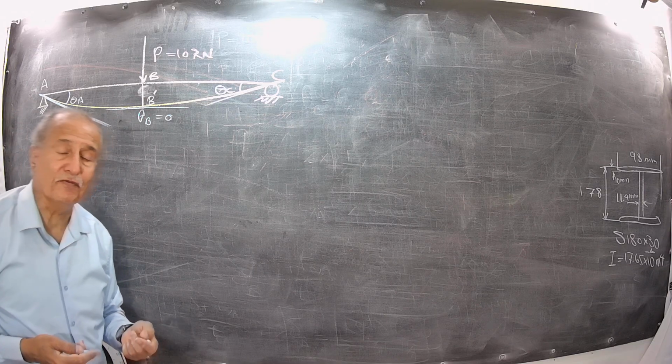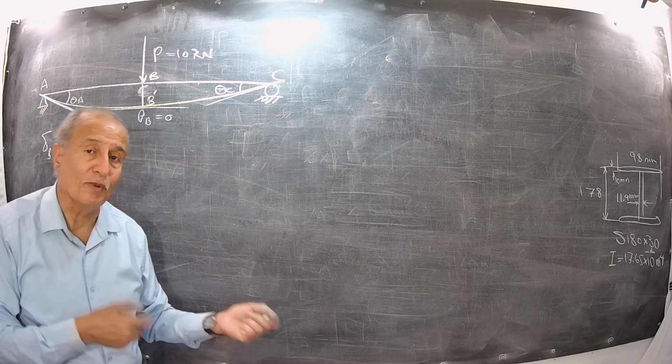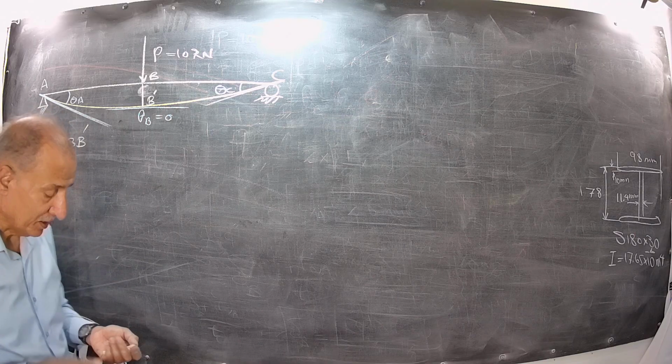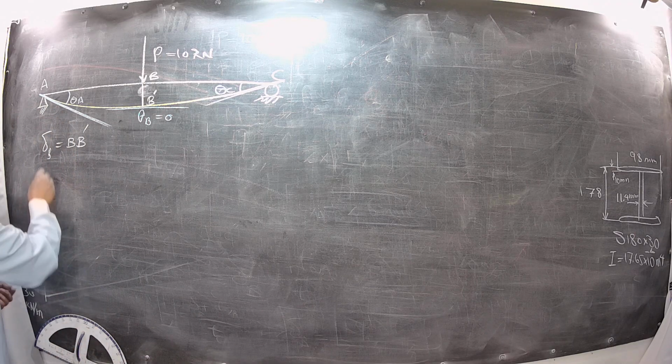It is a base reference point to find out how much is the slope at A, how much is the slope at B. Let's draw the bending moment diagram.